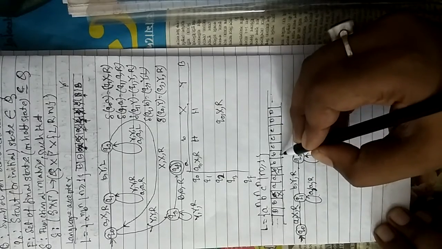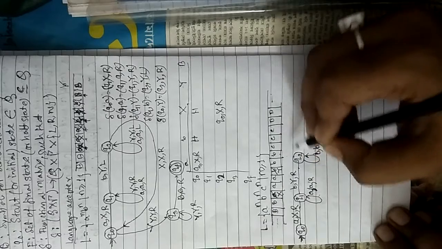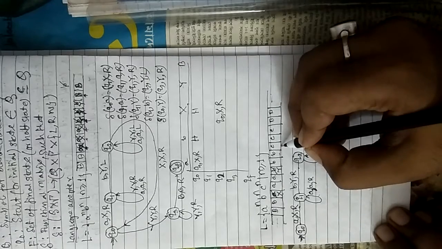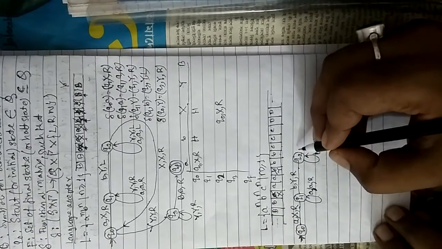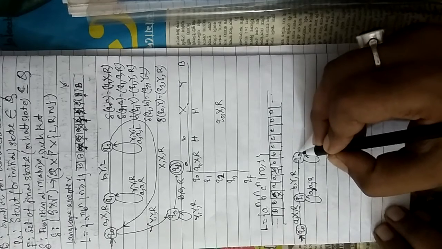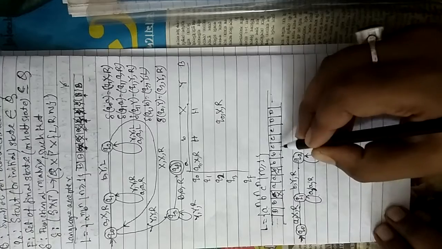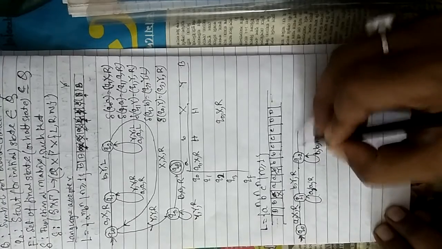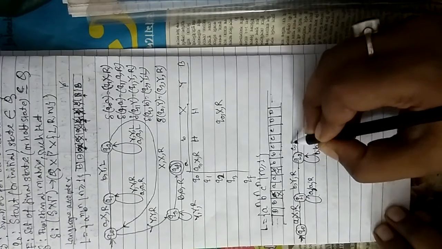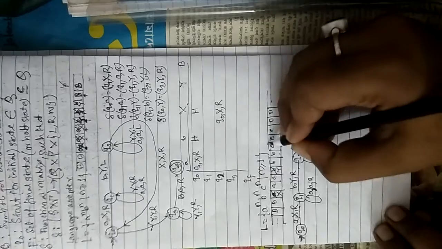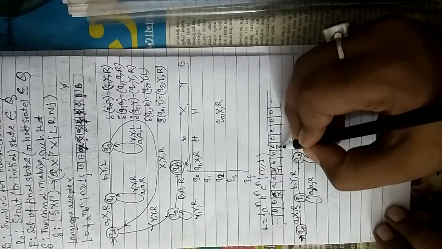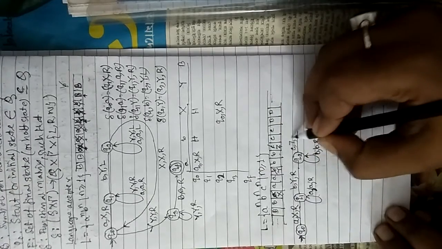I am reading B, replace B by B and move to the right. So now my cursor is over here. When it is here, I am in Q2 state. I am reading the first C and I will replace this first C by Z.